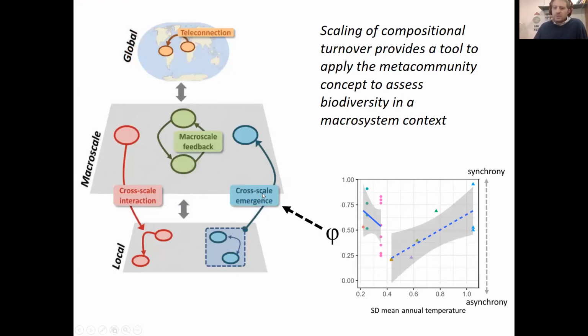So we can compare across LTER sites how the strength of cross-scale emergence varies or what the nature of that cross-scale emergence is. And then we're also interested in ways to think about these cross-scale interactions. So how does regional climate variability affect the sorts of things we see at a metacommunity and these dynamics that we observe? So this is where we fit in the macro scale context and where we're going with the questions we're asking with metacommunity data sets.